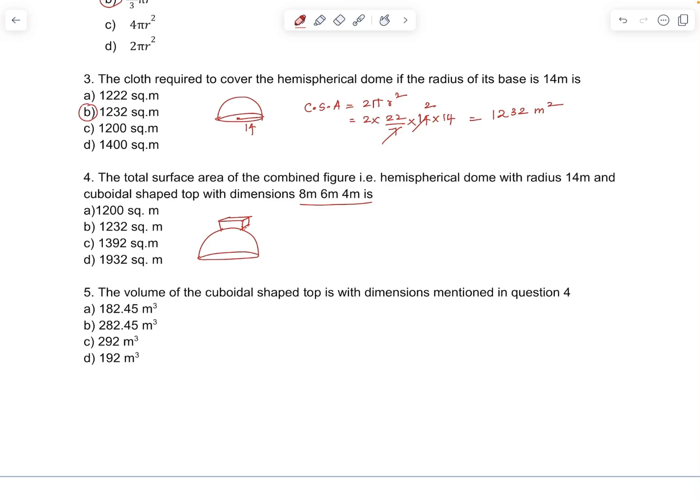To get the combined surface area, we have to consider the CSA of the hemispherical dome minus the portion where the cuboidal shaped top is in contact with the hemispherical dome. That is the area of base of cuboid plus the CSA of cuboid.